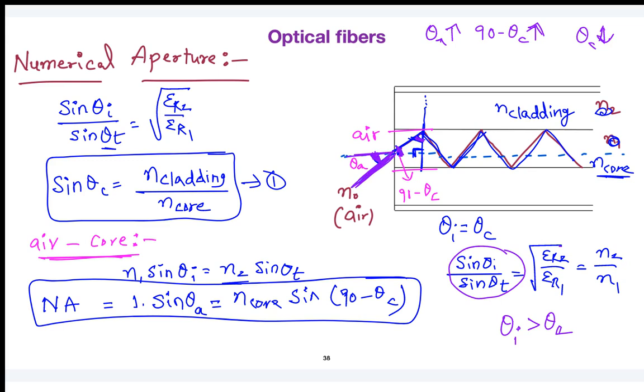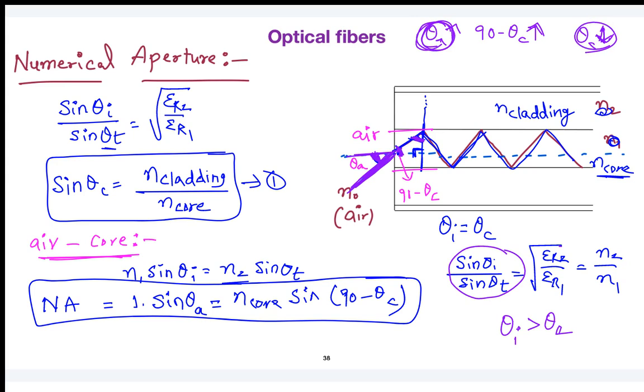The angle of incidence here should be controlled, provided I should not exceed this angle. If the wave entering exceeds the acceptance angle, it comes down below the critical angle. So it is a problem.